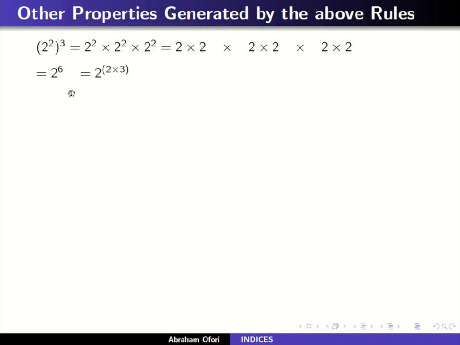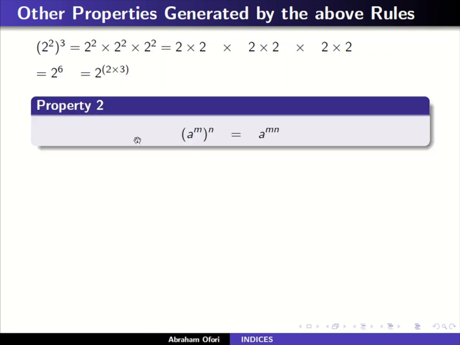Very cool, right? So this takes us to another property, which is the power law. Okay, if I have an index raised to another power, then I can multiply the two powers and take the base, so it becomes a to the power m times n. The same thing like here. So all these properties that we are saying, whenever I meet them, try to figure them out.